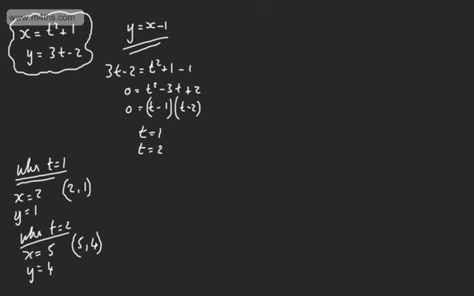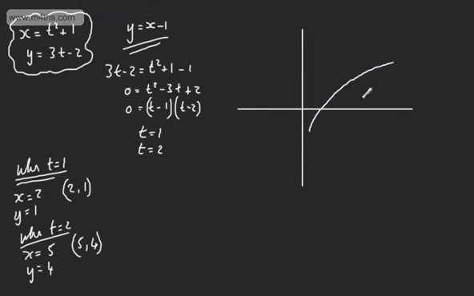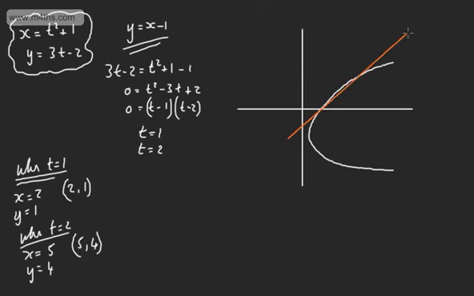Graphically, if we wanted to show this, I'll do a quick sketch to give a rough understanding of what this is going to look like. We're going to have a parabola and a line. The parabola will do something, give or take, like so. It'll come round and look something like this. And then we have this line, which will do something like so.